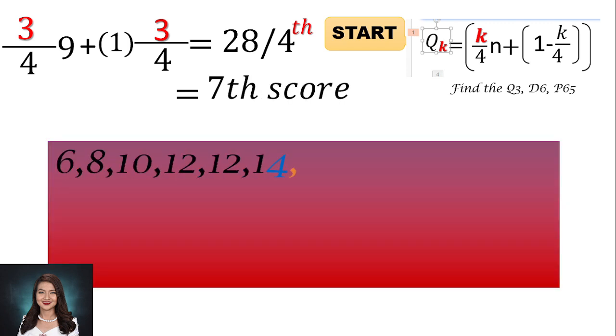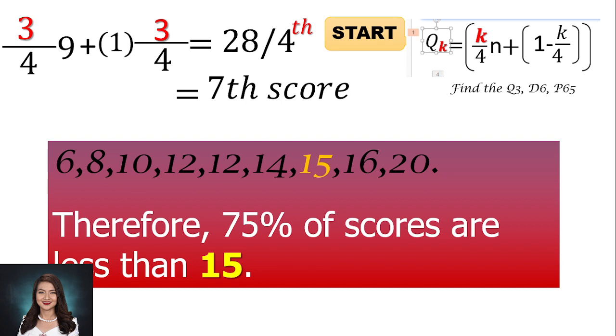So in this data, the 75% of scores are less than or equal to 15. Let us remember that in quartiles, quartile 1 represents the 25%, quartile 2 represents the 50%, and quartile 3 represents the 75%. So therefore, we conclude that the 75% of scores are less than or equal to 15.